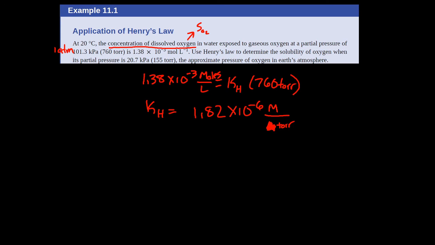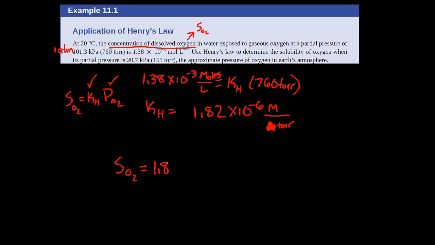So then the last step here, we're trying to find the solubility now at this point. So remember, the solubility of O2 is equal to the constant times the partial pressure of O2. We now know the constant, and we are given the pressure in that second sentence there. So we have both of these parts, and so we can just solve for the solubility.